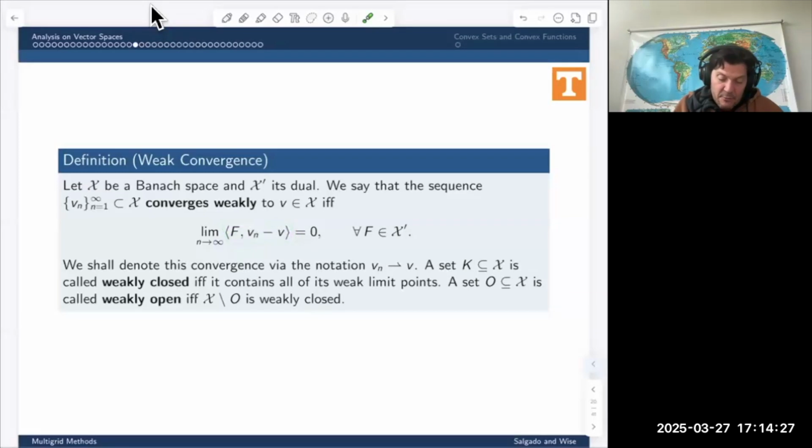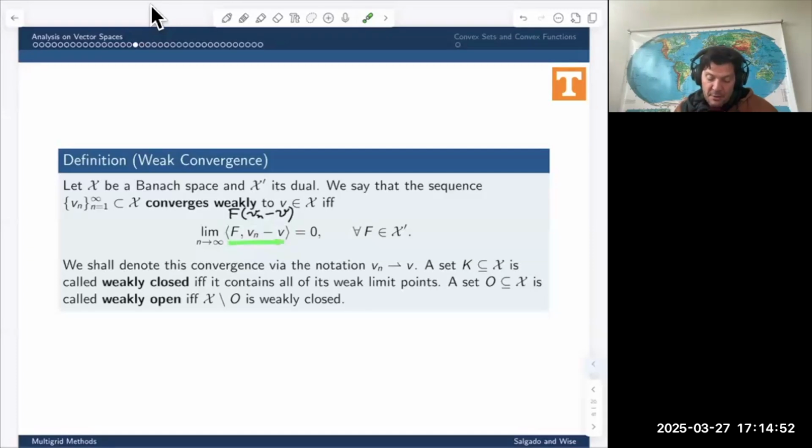So if you don't like that notation, just rewrite it as v_n minus v. I'm often doing this myself whenever I see something like this in a book. But analysts love their dual pairing. I think it's confusing a lot of times, but it's not hard to reinterpret it.